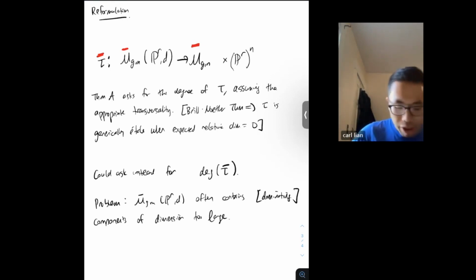And so as a result, you can't really ask for the degree of this morphism anymore, because it's no longer generically finite. But what you can do is ask for the virtual degree.